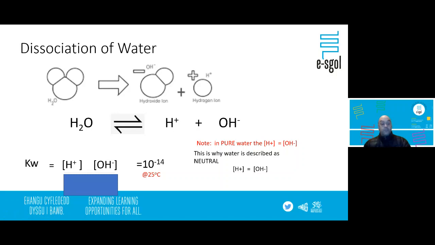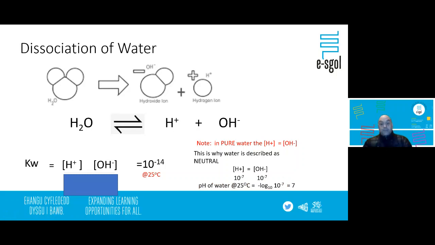And that's very important, you know what neutral means. You might think of neutral as being pH 7, but as you're about to see, it isn't. Neutral is when your concentration of hydrogen ions and hydroxide ions is the same. So, for example, if our Kw comes out as 10 to the minus 14, we know the concentration of the H+ ions is 10 to the minus 7, and the hydroxide is also 10 to the minus 7.